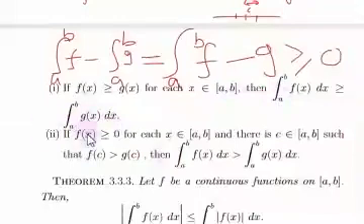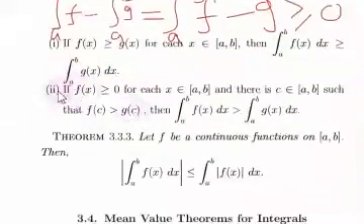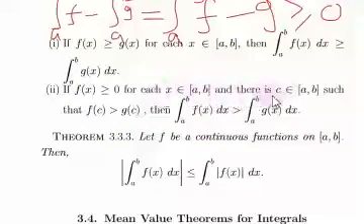And the second one is, if f is non-negative for each x in the closed interval ab, and there is a point in this interval such that the function value f is bigger than g at that point, then this integral is greater than the integral of g over the ab interval.